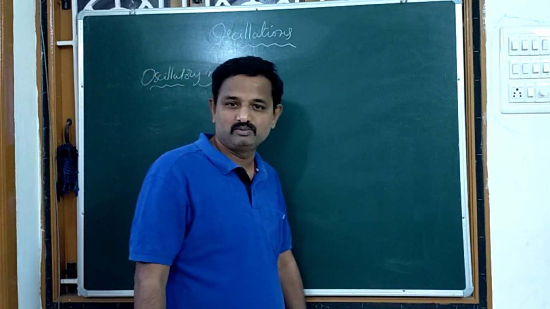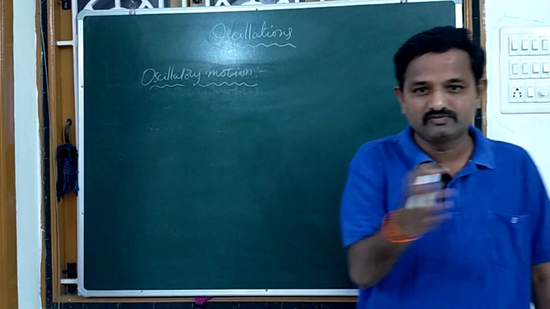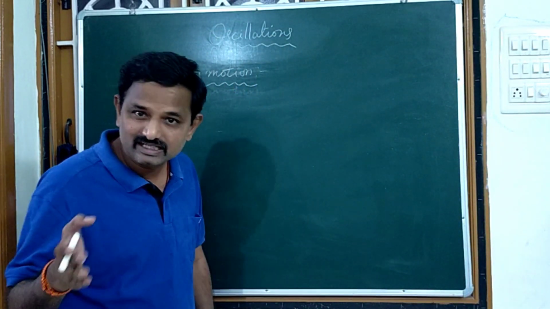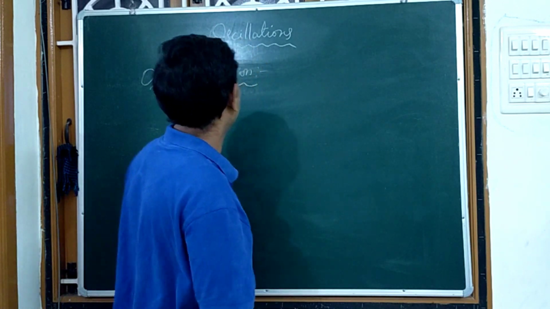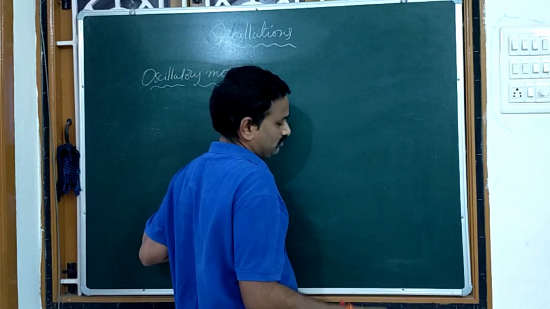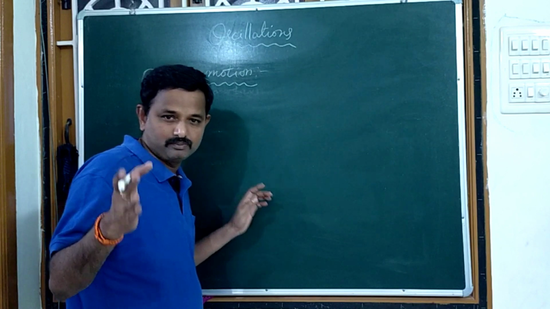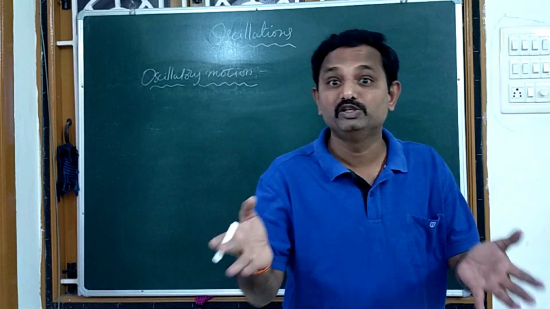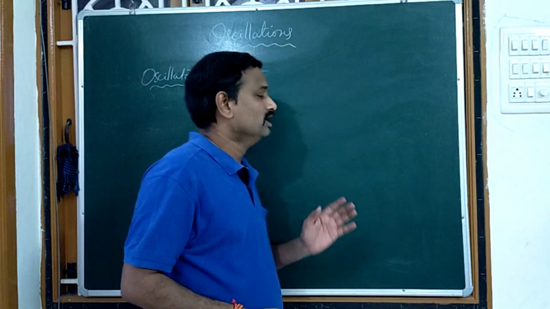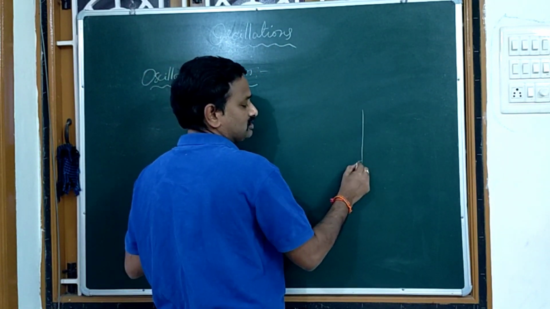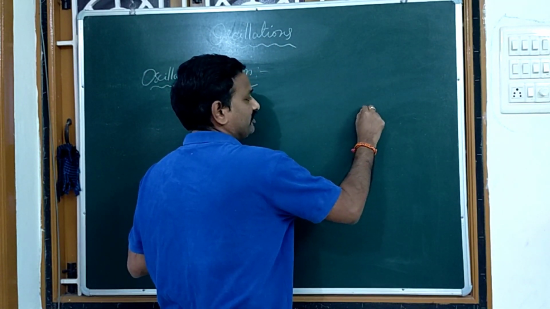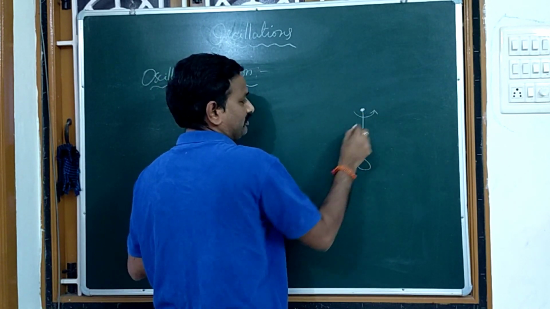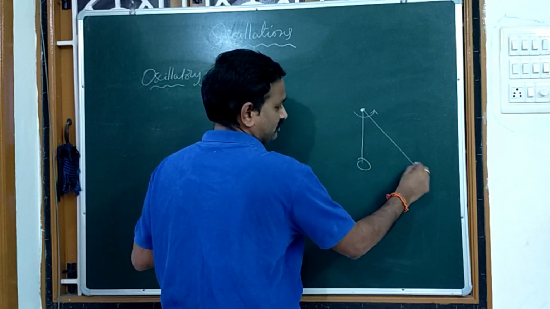Already I told you the examples of the motion of a swing and a seesaw. Another example is the motion of a pendulum. See, it is a fixed point, and about this fixed point the pendulum makes oscillations.